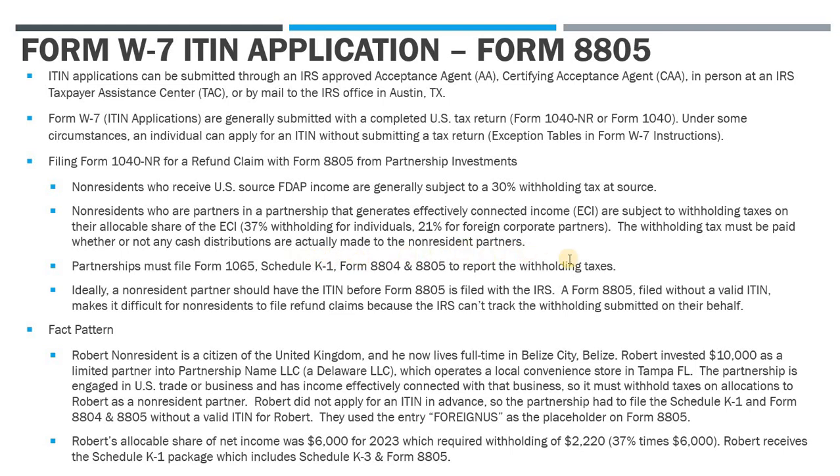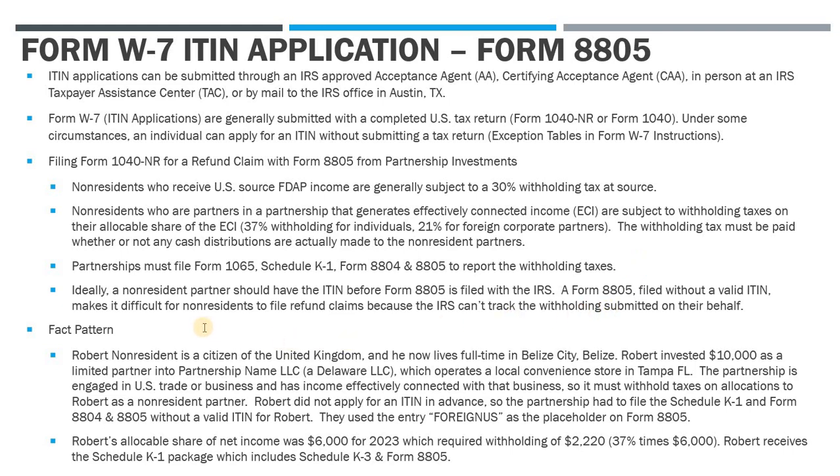So it's just the allocation of the income that requires the payment of the tax. And so partnerships are going to do all this reporting on the Form 1065 partnership return, the K-1s that are issued to each person, and each foreign partner is going to get a Form 8805, which shows the withholding tax and the allocation of that net effectively connected taxable income.